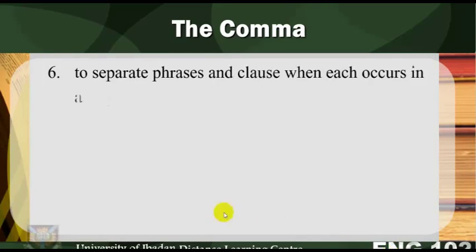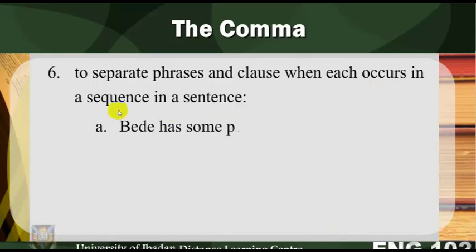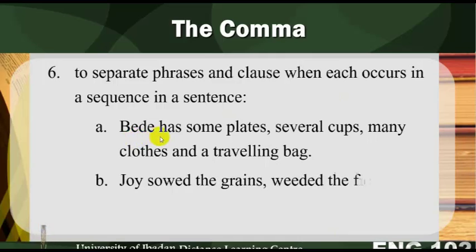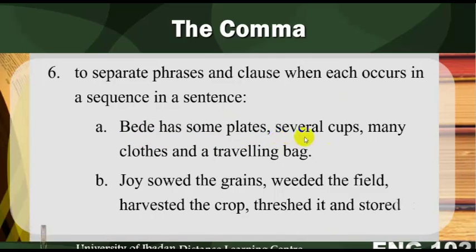6. To separate phrases and clauses when each occurs in a sequence in a sentence. A. Bede has some plates, several cups, many clothes, and a traveling bag. B. Joy sowed the grains, weeded the field, harvested the crop, threshed it, and stored it.